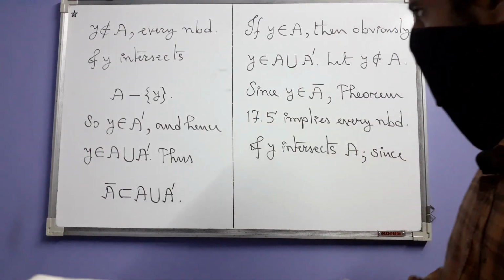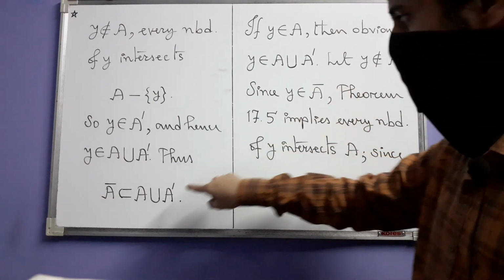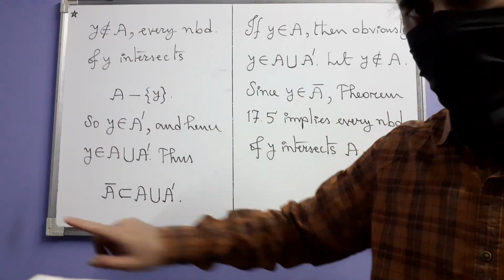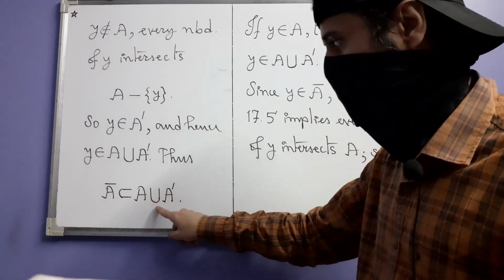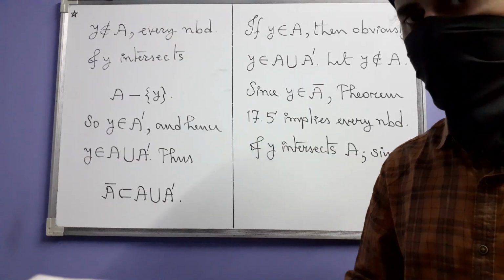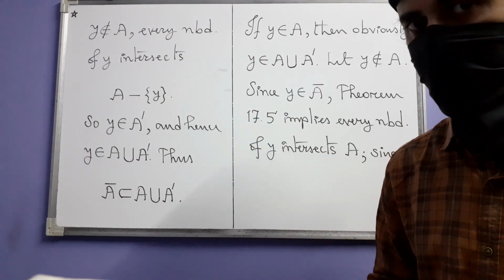And that's how any point in A closure is inside this union. So this is also a subset of this. Combining this containment and the previous one, you have equality, and that's where the proof ends.